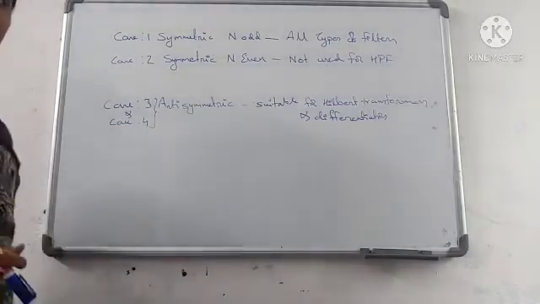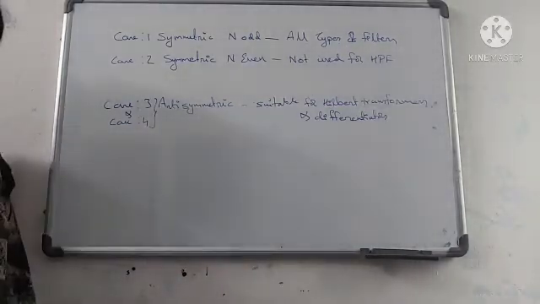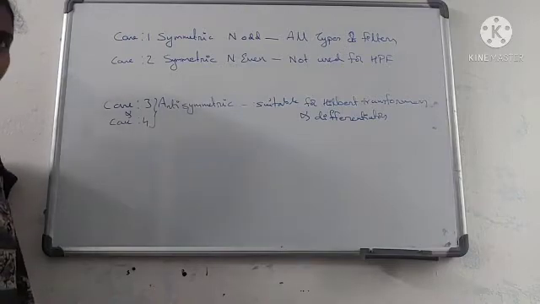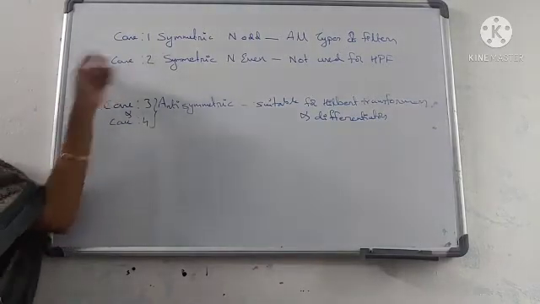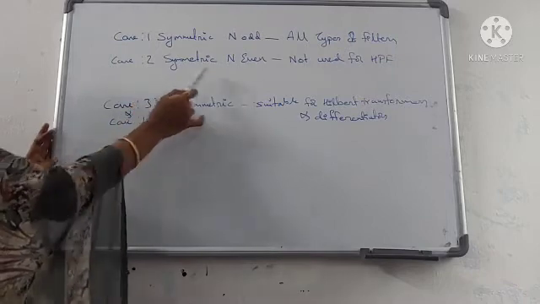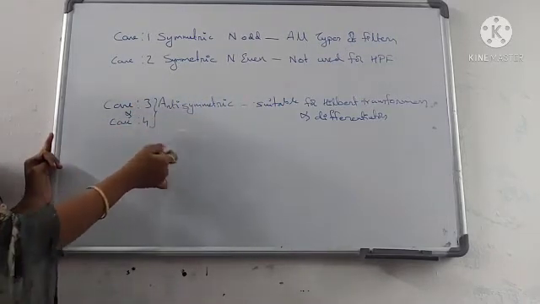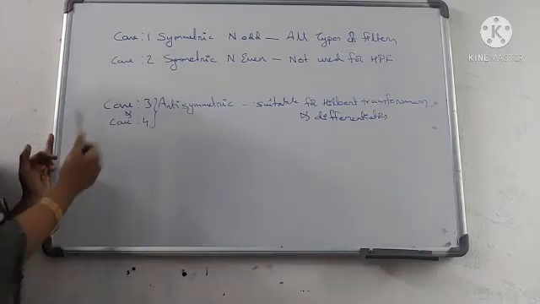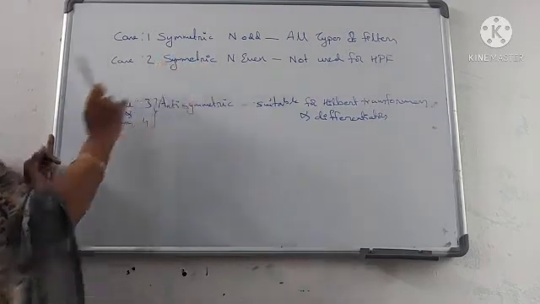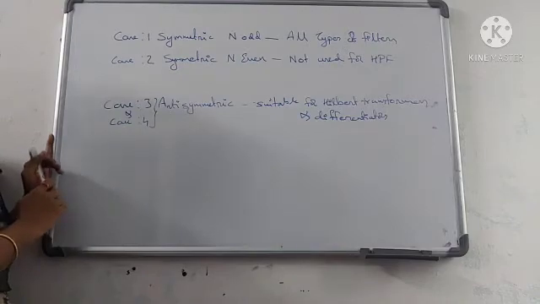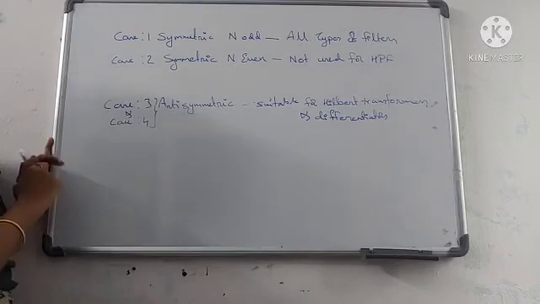So we have seen four different types of cases for the frequency response of linear phase FIR filters. Case 1 is symmetric when n is odd, case 2 is symmetric when n is even, and cases 3 and 4 are antisymmetric when n is even and odd. The first case is applicable for all types of filters. We can use low pass, high pass, band pass and band reject filters.